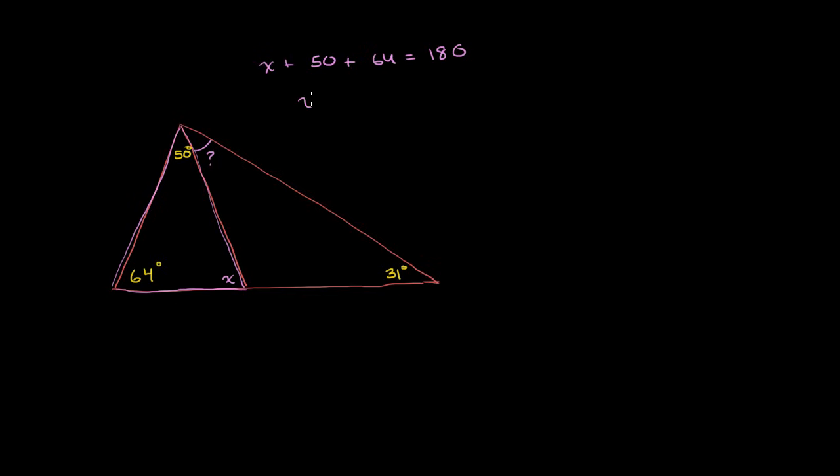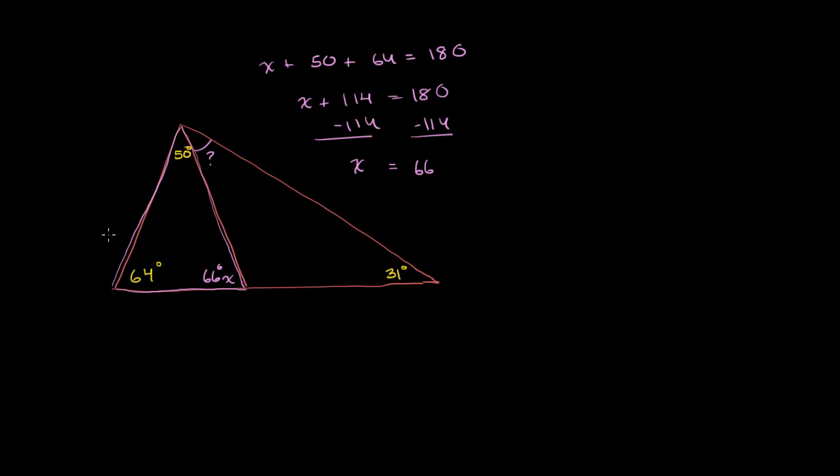Or we could say x plus, what is this, 114. X plus 114 is equal to 180 degrees. We can subtract 114 from both sides of this equation, and we get x is equal to 180 minus 114. So 80 minus 14, 80 minus 10 would be 70, minus another 4 is 66. So x is 66 degrees.